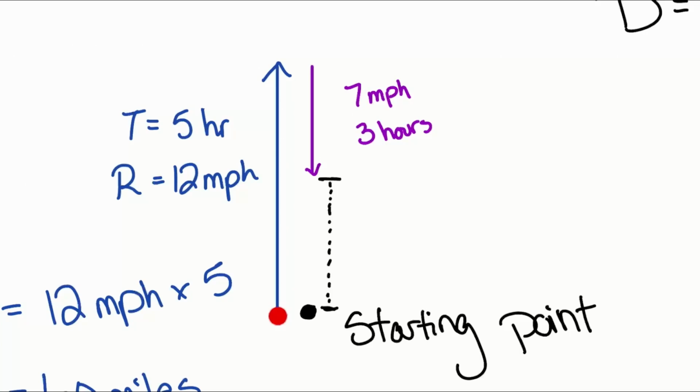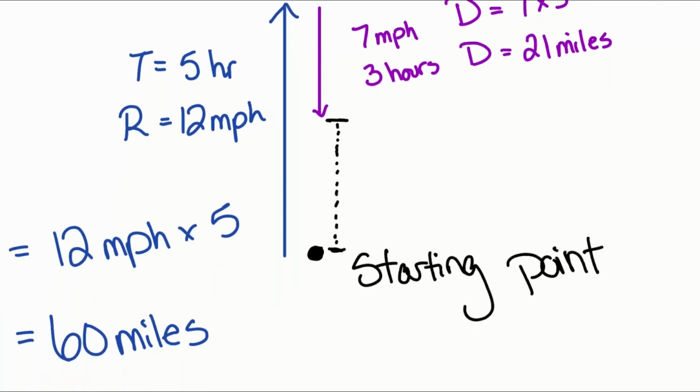We go 60 miles north. Then here, the 7 times 3, that's 21. 7 times 3, that's going to be a distance of 21 miles. So what ends up happening is we go 60 miles up and then 21 miles down. And to get that distance from the starting point, we have to subtract for the same reason as if we took 10 steps forward and then 3 steps back.